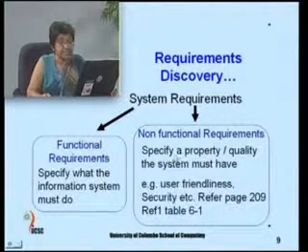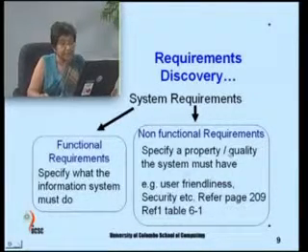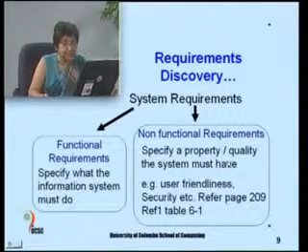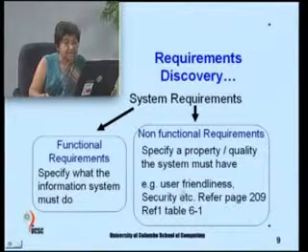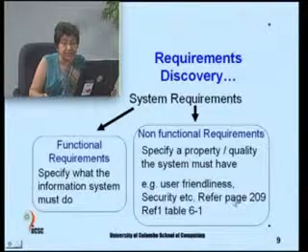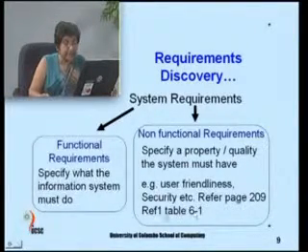So, these non-functional requirements only specify a property or quality that the system must have. Like user friendliness in a system, and then the security aspects of it. There are more things under this category. You can refer to page 209.